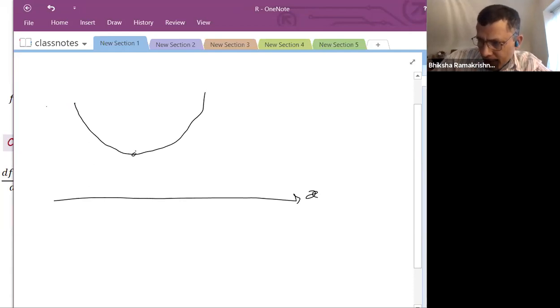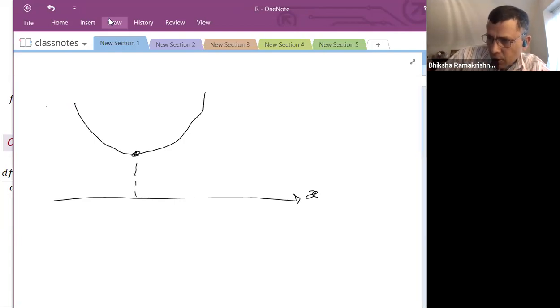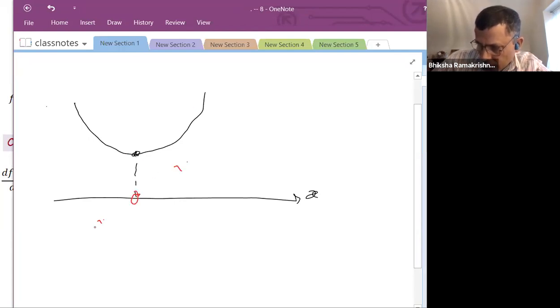Then what is the derivative going to look like at this minimum? The derivative is going to look like so. Over here, the derivative is negative. So the derivative is going to be on this side here. Here, the derivative is positive. It's going to be here. The derivative is 0 here. So the derivative is going to be increasing at the minimum, right?